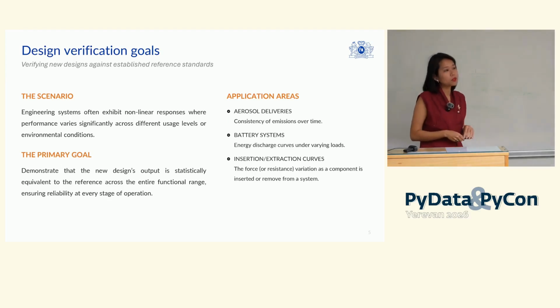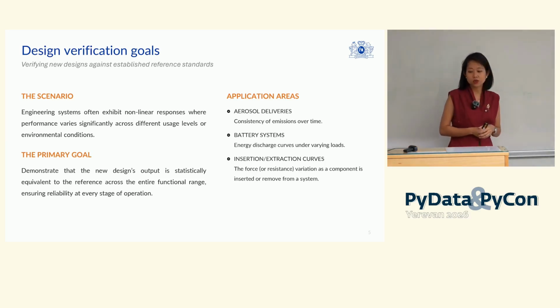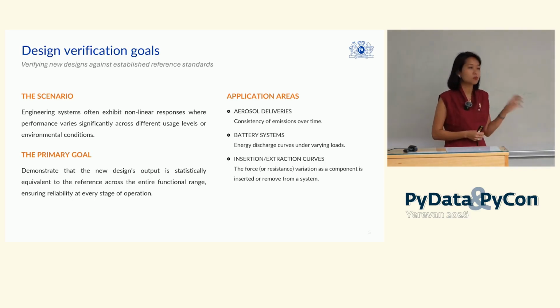When we are building this kind of verification against the established reference standards in engineering systems, we so often go away from linearity. I think linear is nice when you're in a classroom, it's very easy to compute and so on, but in reality, this is something that we rarely see. So it gets more complicated in reality, because we have to move forward from everything that is simple to compute and easy to estimate to a nonlinear setting where every kind of pattern can differ slightly.